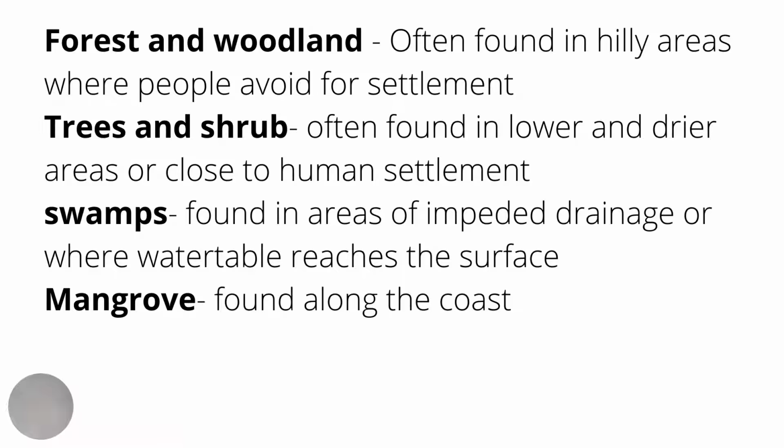Another thing you need to bear in mind, one of the reasons for these differences between the forest and the woodland, is that usually the forest develops where there is a greater availability of water. Woodland usually develops in areas where there is less moisture available.